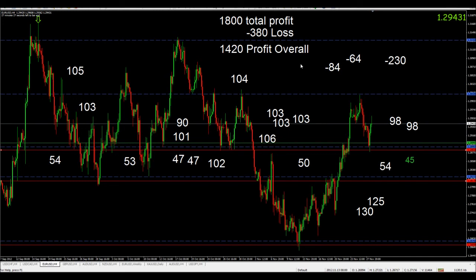However, the majors are going to be better, like the Euro US, GBP US. I'm not so sure about the Australia US, because the Australian is very carry trade affected. It's better with neutral currencies such as Euro US, GBP US, even New Zealand US, currency pairs like that.